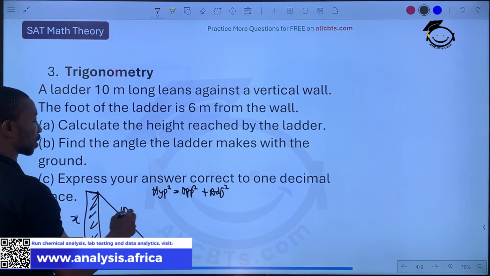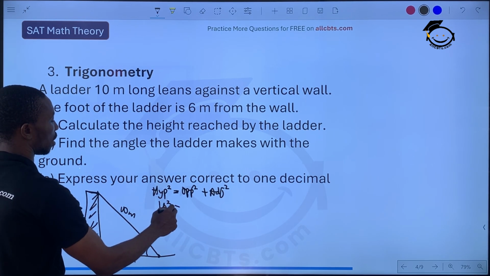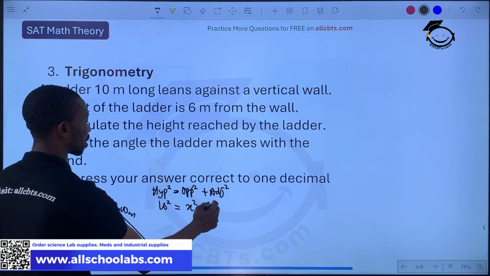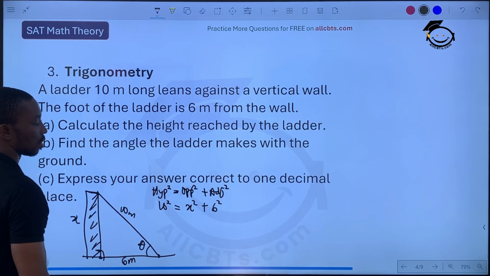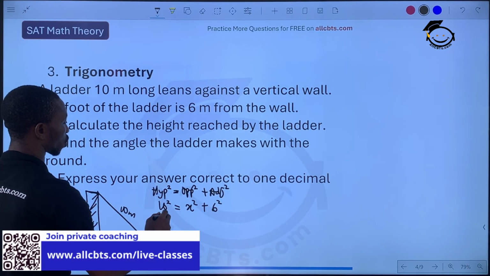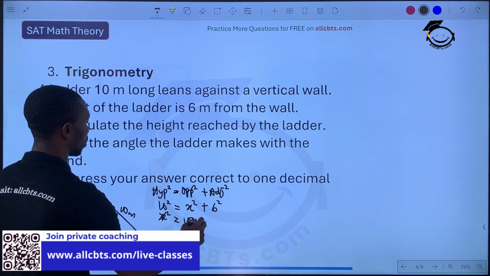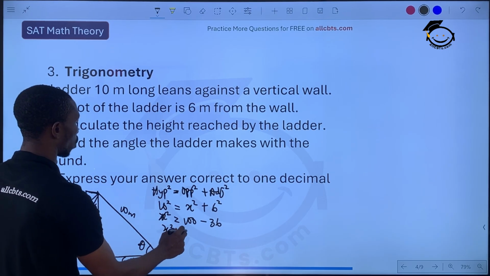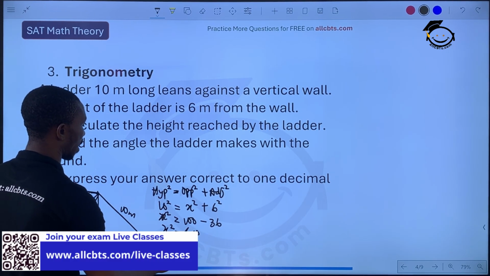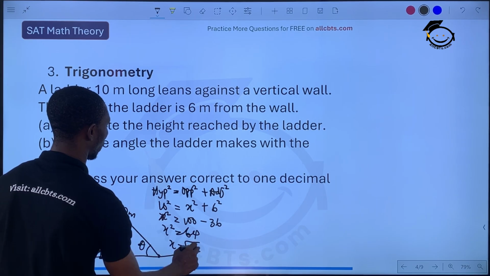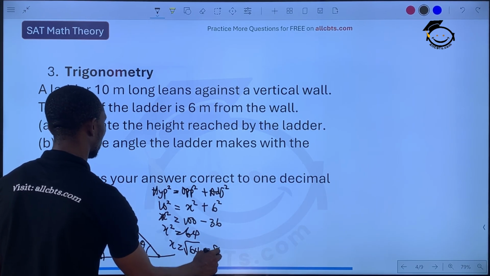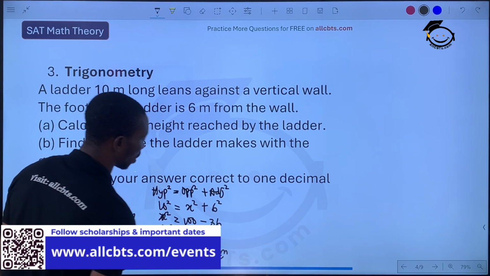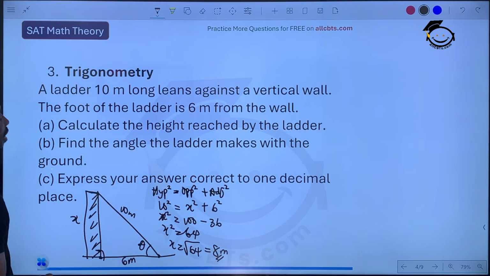The hypotenuse is 10, so 10 squared equals x squared, our opposite, plus adjacent, which is 6 squared. So x squared equals 100 minus 36, so x squared equals 64. So x equals square root of 64, which is 8. So the height reached by the ladder would be 8 meters.